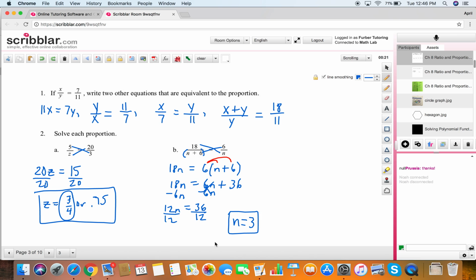So you should have already done this many times when you were first learning these. At the very latest, you probably learned these in pre-algebra, knowing how to solve proportions. In some instances, you might have done it in Algebra 1 and also even earlier than pre-algebra. But this is how we set up proportions to solve.